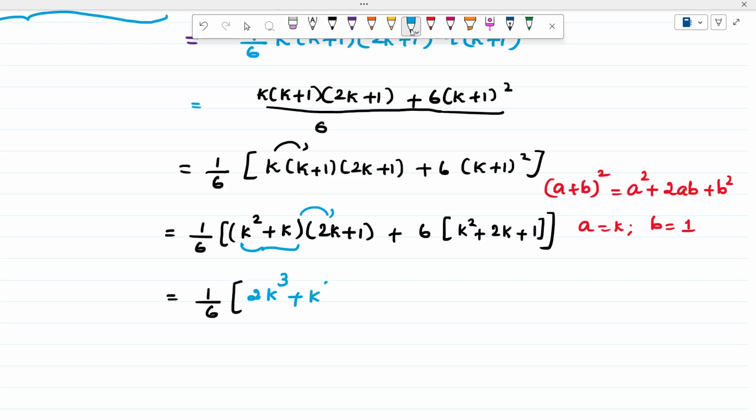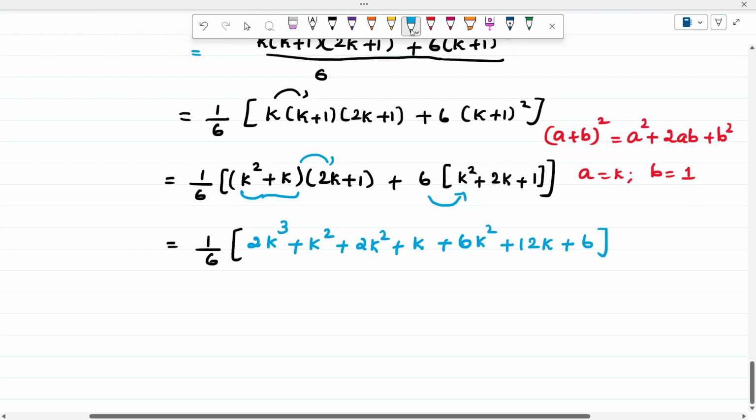Now multiply k with 2k, therefore plus 2k square, plus k into 1, the value is k. The next term is plus, next you have to multiply this 6 inside. Therefore 6 into k square, 6 twos are 12k, plus 1 into 6, 6.